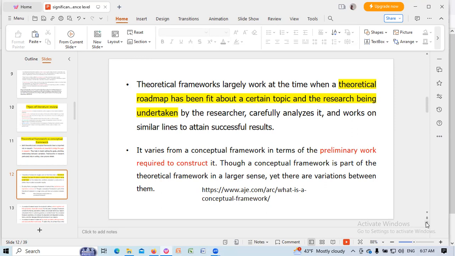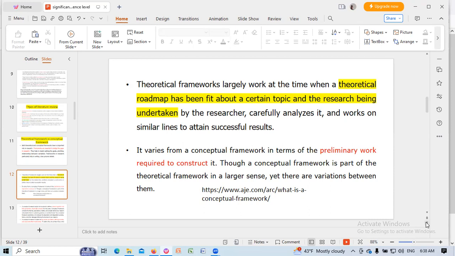So, a conceptual framework is part of the theoretical framework in a larger sense, and there are variations between them. Theoretical framework and conceptual framework sometimes vary, but the conceptual framework is inside the theoretical framework.